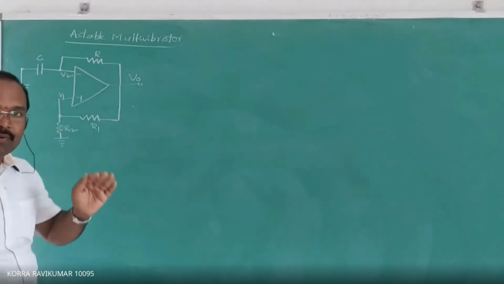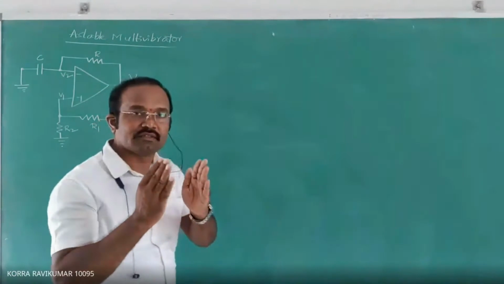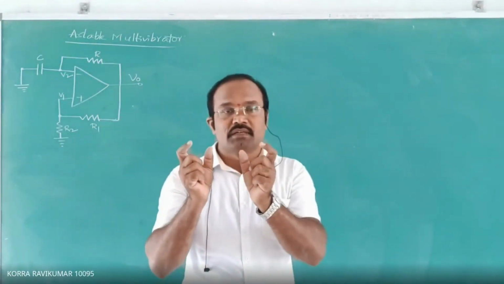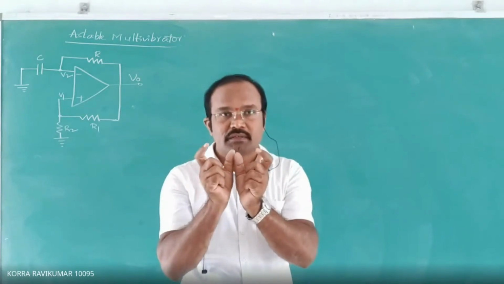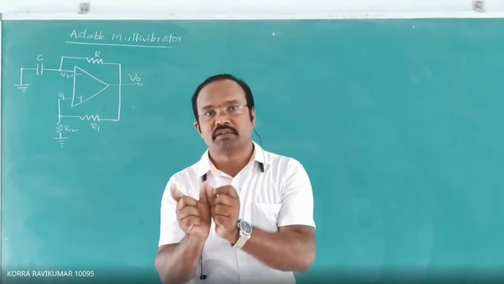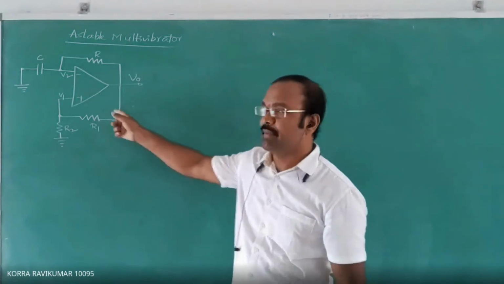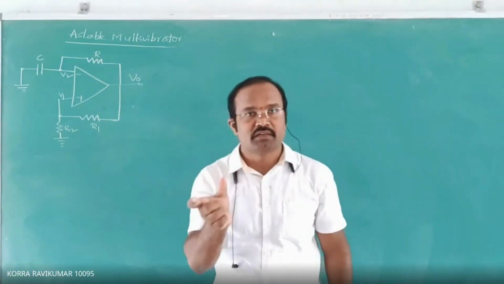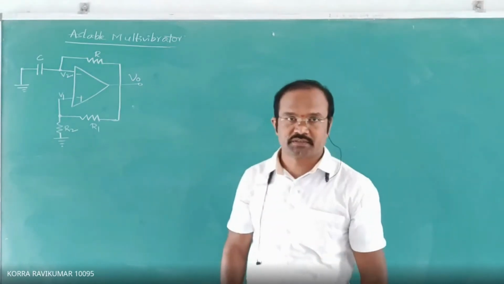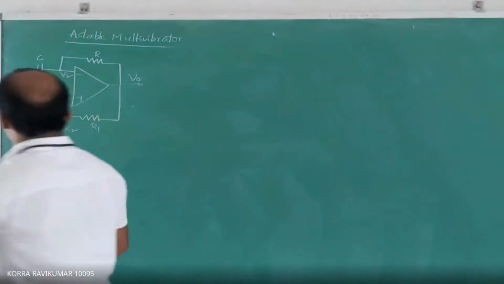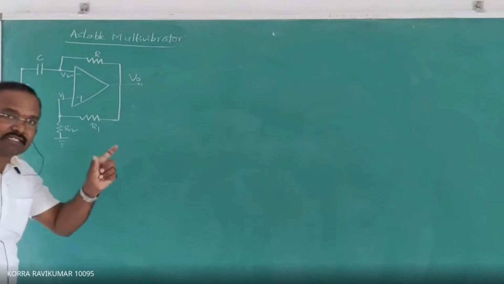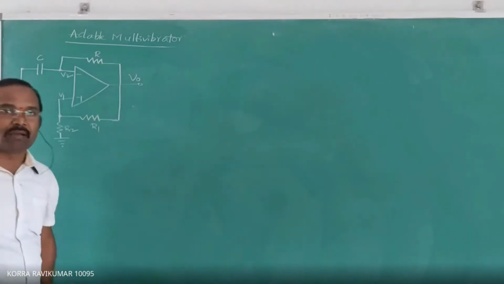Generally, the op amp amplifies the difference between the inverting and non-inverting voltages, that is, V1 minus V2.